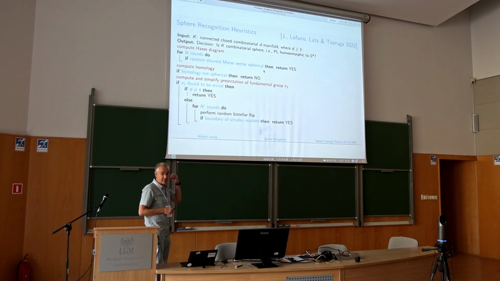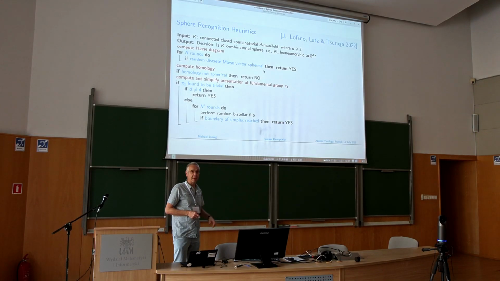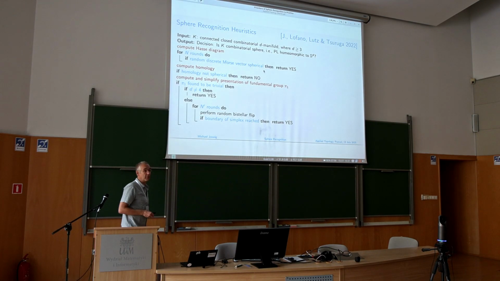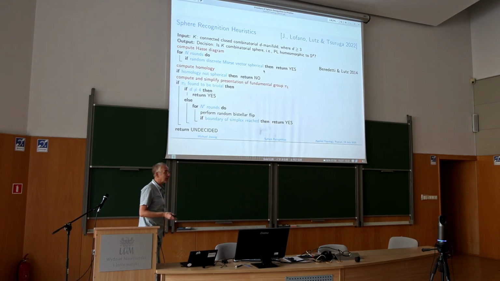Again, if you have a sequence of moves to simplify your group to the trivial group, well, then you're lucky, and this works to your advantage. So this is an idea which goes back to Frank and Bruno.